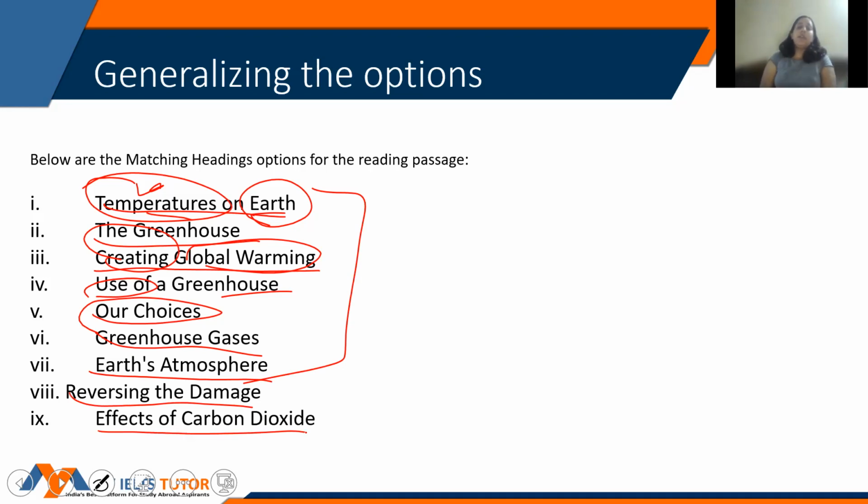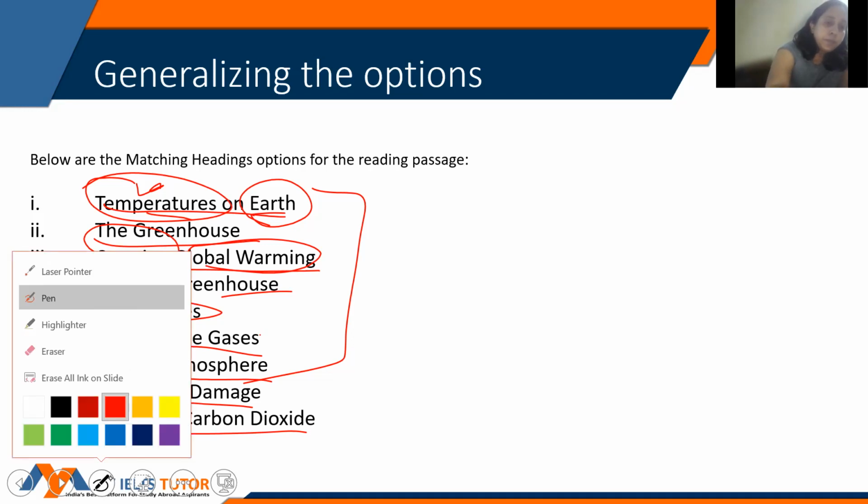Effects of carbon dioxide. Something, the results might be given. Right? This has happened. Yes, ma'am. So these words will be used. So this is how I need to generalize each option. Now I need to be aware of things.